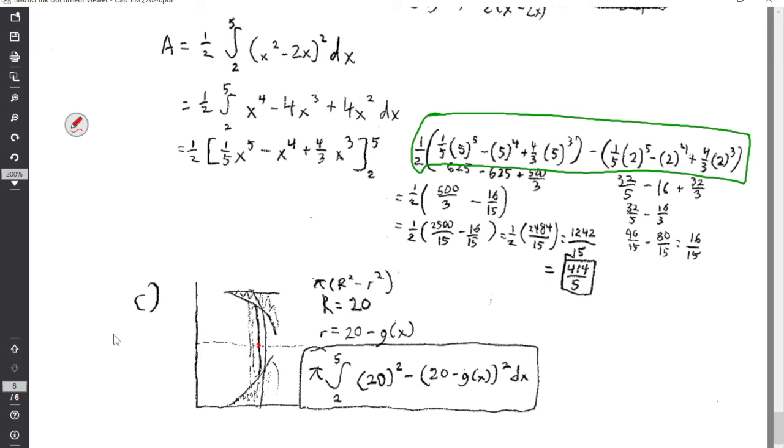Big R, our radius here, is 20. And then our little r is our distance between 20 and g of x. So we take top minus bottom, 20 minus g of x for little r. And then put all that together. Make sure the pi is out in front. It should go from 2 to 5, big R squared minus little r squared.